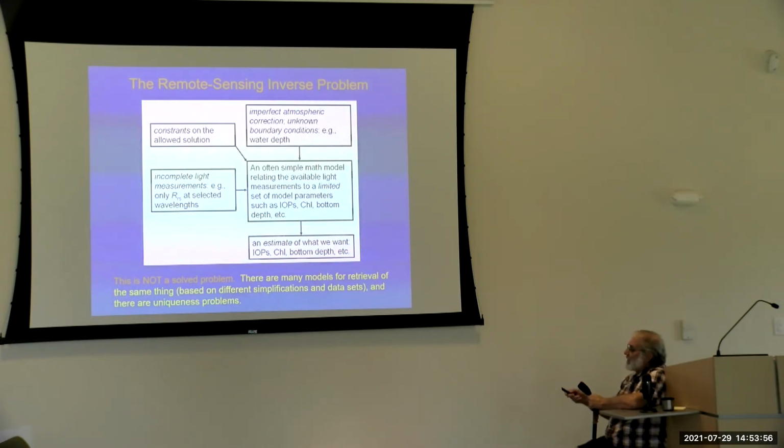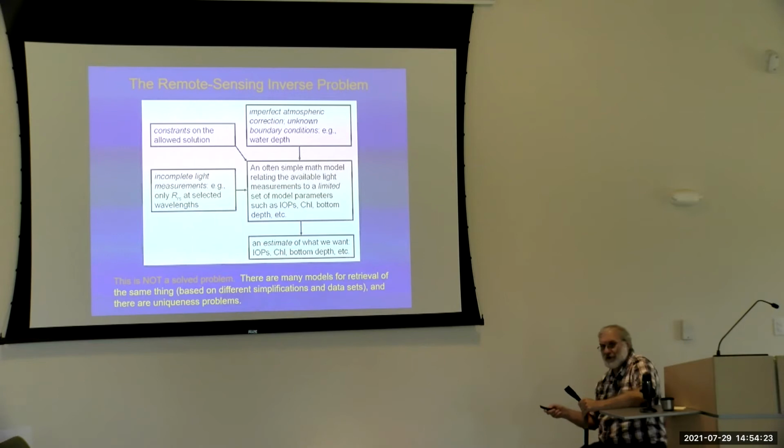You have incomplete light measurements. Maybe all you know is remote sensing reflectance. And then you have what might be a very simple mathematical model like a band ratio. Then you'll get back chlorophyll or bottom depth, whatever, but you may have to put some constraints on to make sure you get the right answer. And then you come out with what I'll emphasize is an estimate of what you want, like IOPs or chlorophyll.